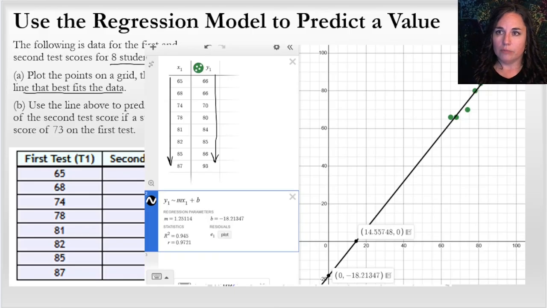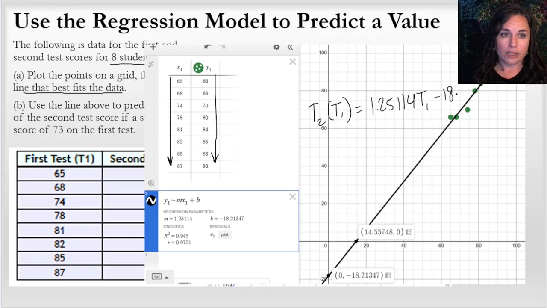They have the m value on this line. So I'm going to do test 2 as a function of test 1, which is going to be 1.25114 test 1 minus 18.21347. That's the regression equation that Desmos put out for me. And the r squared, you can see down here, is also 94.5%.